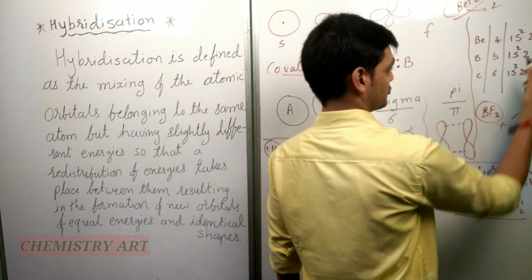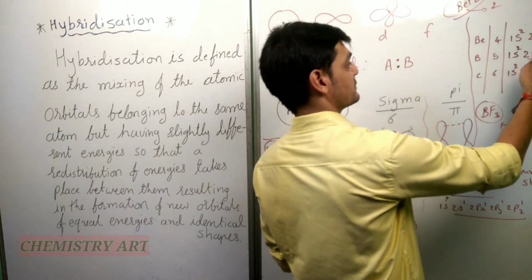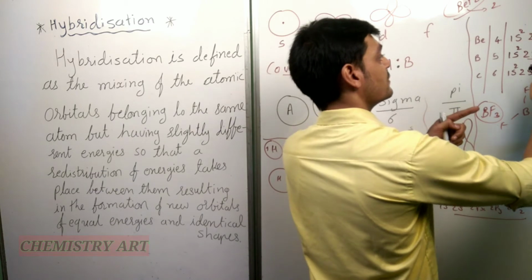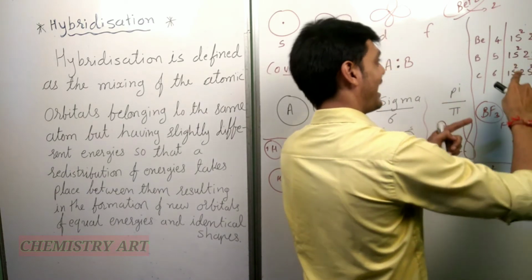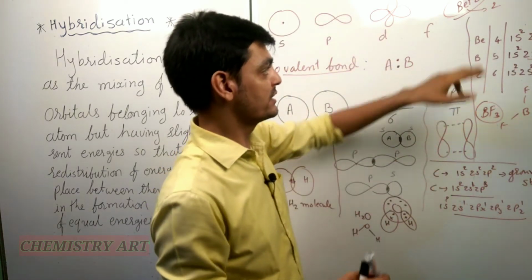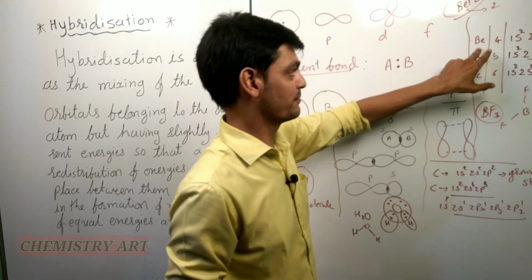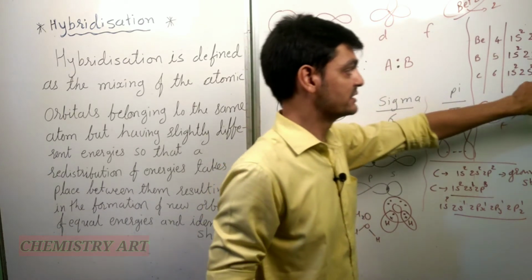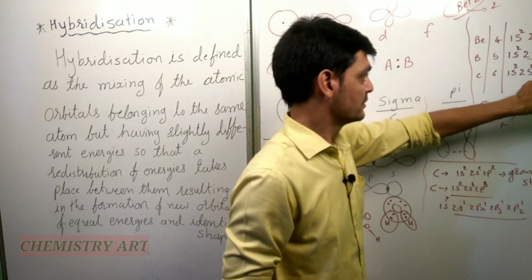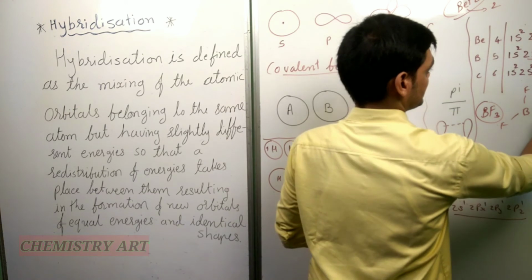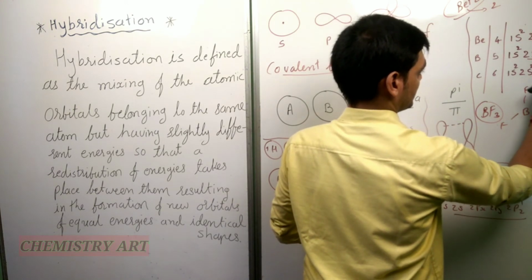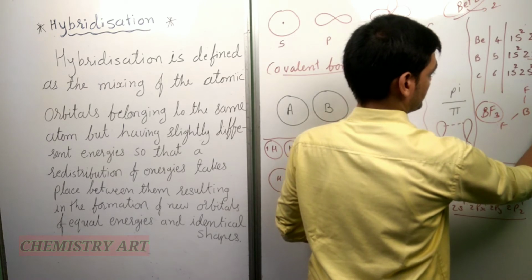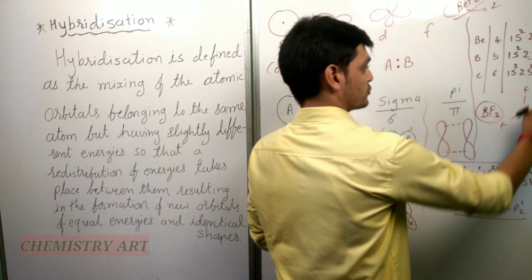Because in the s orbital only 2 places are there and already it is filled, and in the p orbital 1 electron is there. I already told you that the covalency of beryllium as per this electronic configuration is 0, boron's is 1 and carbon's is 2, because here we can consider 2px1, 2py1, so 2.